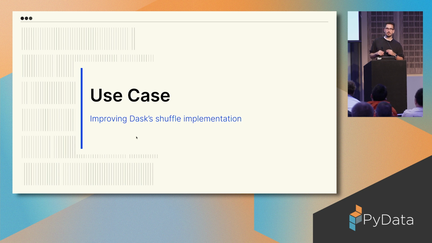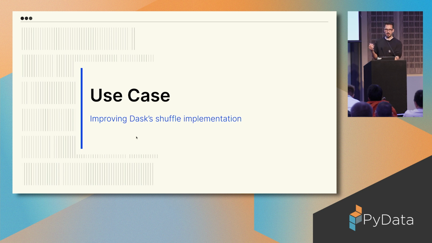Next use case that we have is data-driven design that we do within the open source Dask team. For that, we have a bunch of different benchmarks that we run to make sure that any changes we make where we expect a performance trade-off to occur, we understand what's going on and that we don't catch regressions and make something that used to work very nicely a horrible experience for the users.